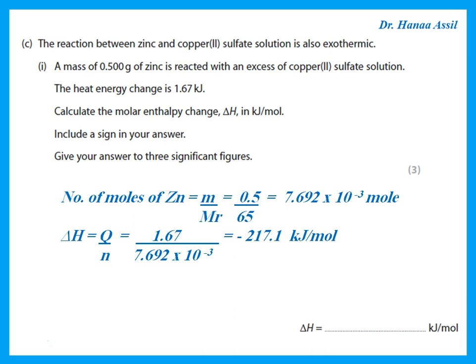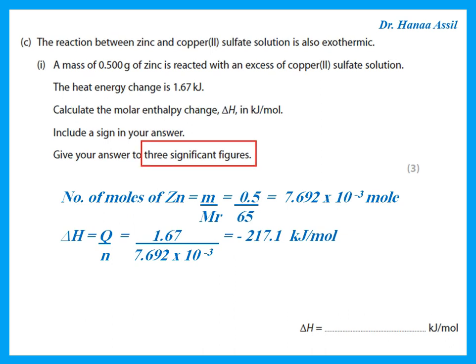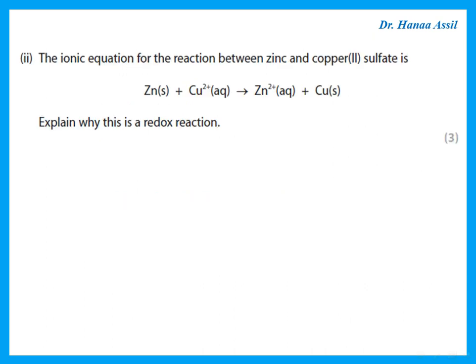Exothermic means it gives out heat, and that means the delta H is negative. Then I haven't finished. Remember, he says, give your answer to what? To 3 significant figures. So I cannot leave it as it is. I have to put it in 3 significant figures. So my answer is minus 270.